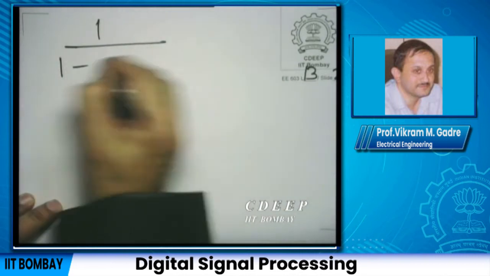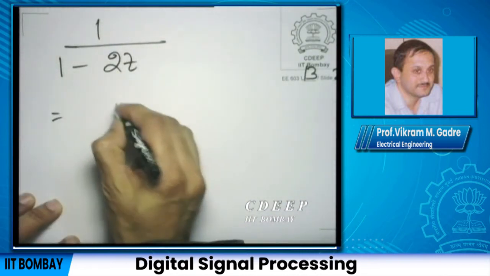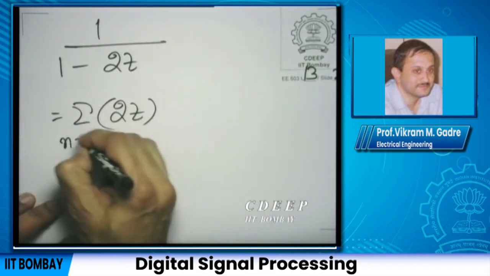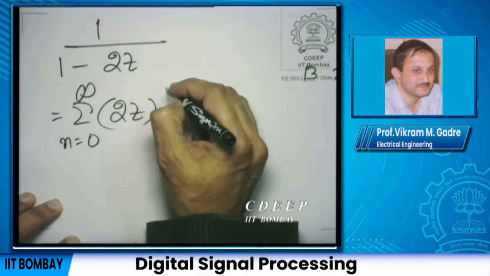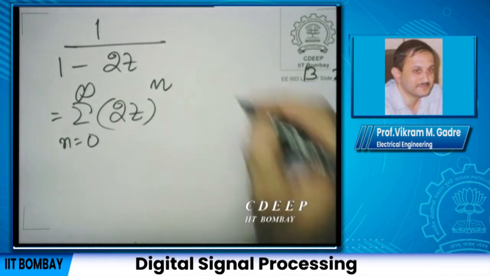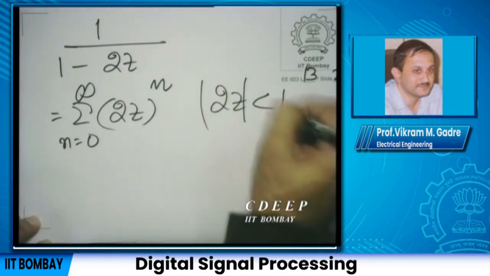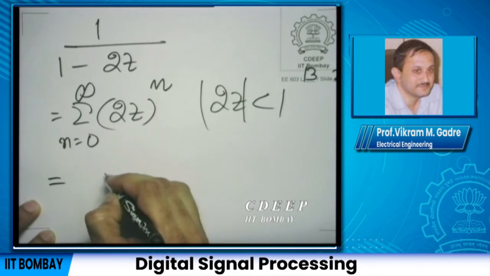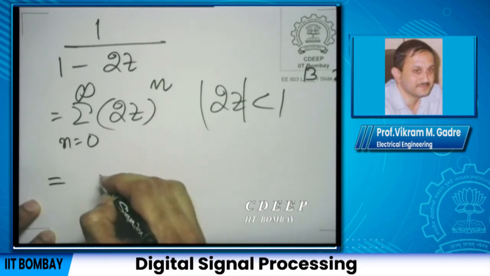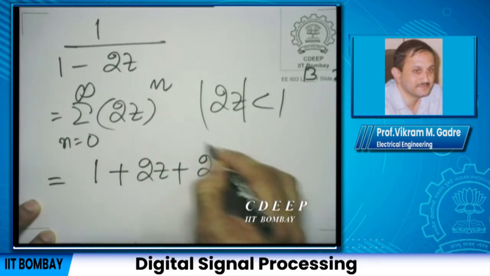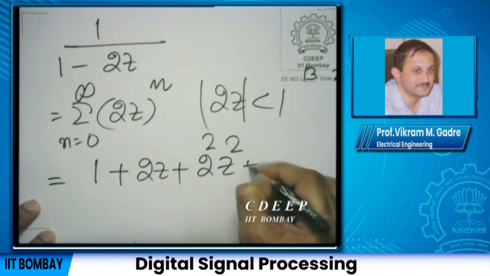One by 1 minus 2z can be expanded as summation n going from 0 to infinity of 2z to the power of n, as mod 2z is less than 1, by using the simple idea of a geometric progression. And we can write this out explicitly. So, we have 2 to the power 0 z to the power 0, so 1 plus 2z plus 2 squared z squared plus and so on.